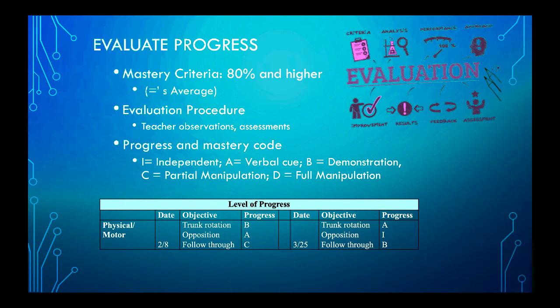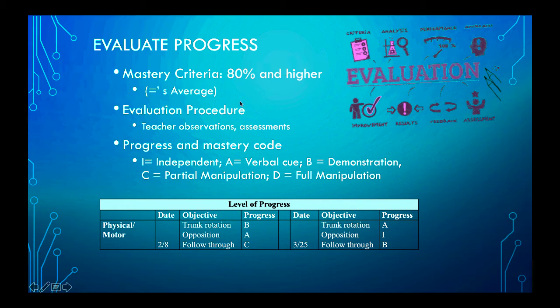So if you have a student who's riding a bike, I would want them to be able to utilize the brakes successfully 100% of the time, and not 80%, where 20% of the time they could get hurt, get injured because they're not using their brakes. And also in the field of aquatics, we see many times mastery criteria at 100%.